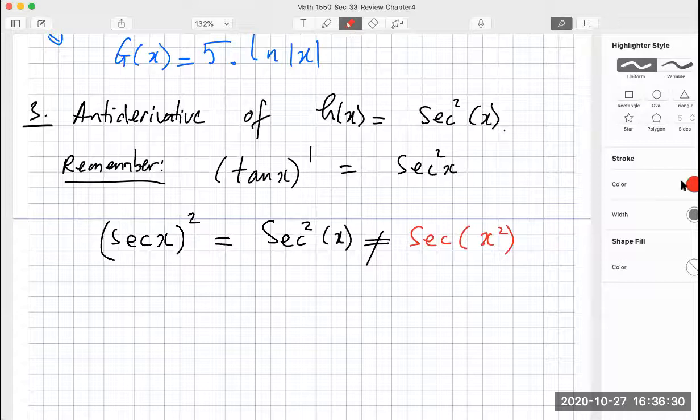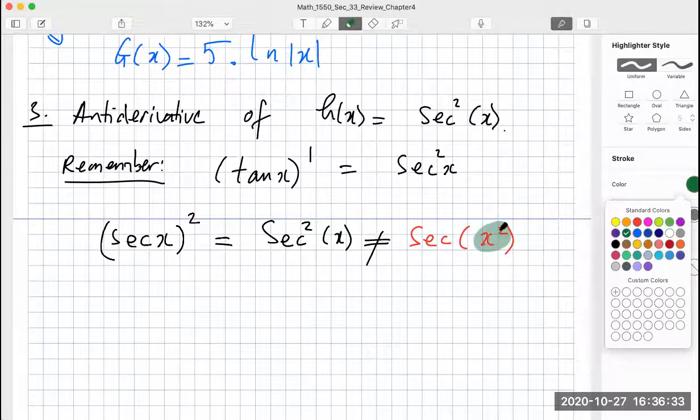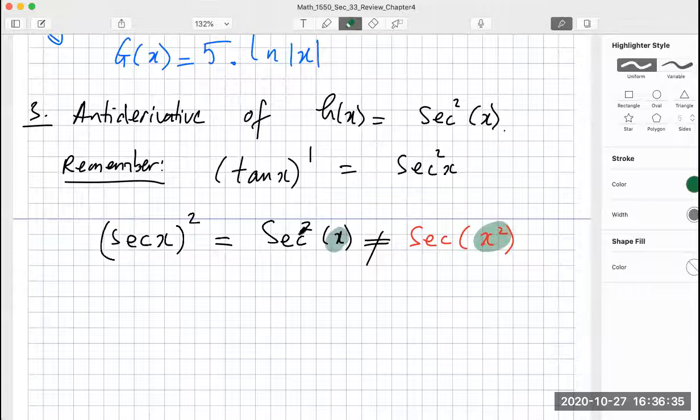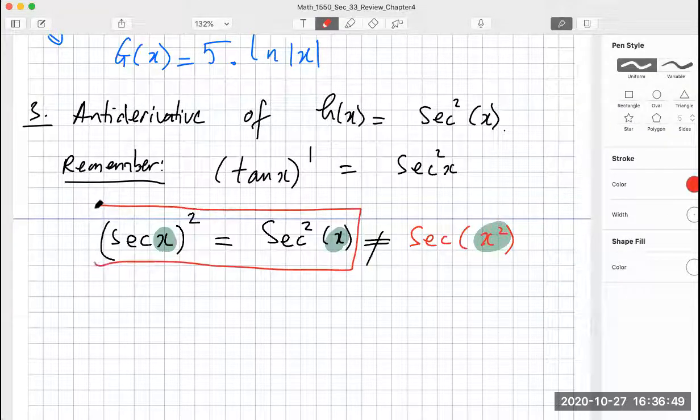In this case, the angle is x squared, but in this case, the angle is x, and then we square the value. So they're different. But these two, they are the same. Okay, just notation. Yeah, that is a typo. What I meant was secant of x, then squared. My bad, sorry.